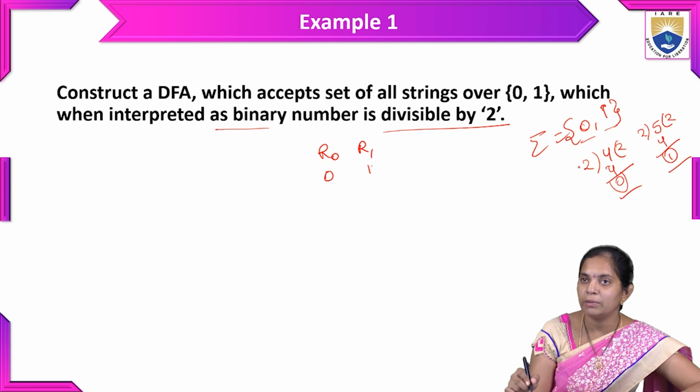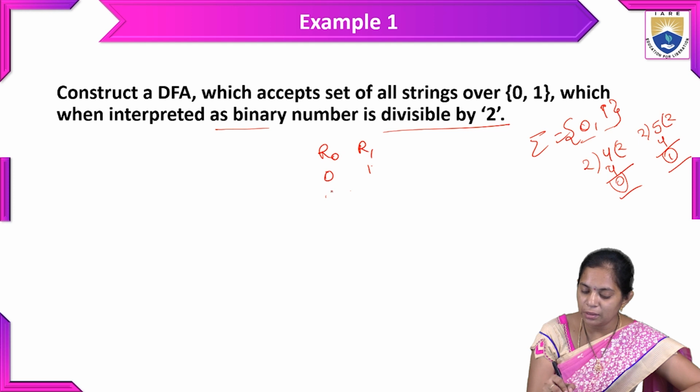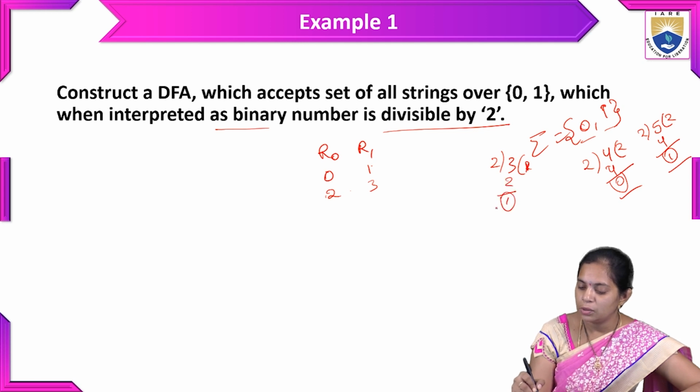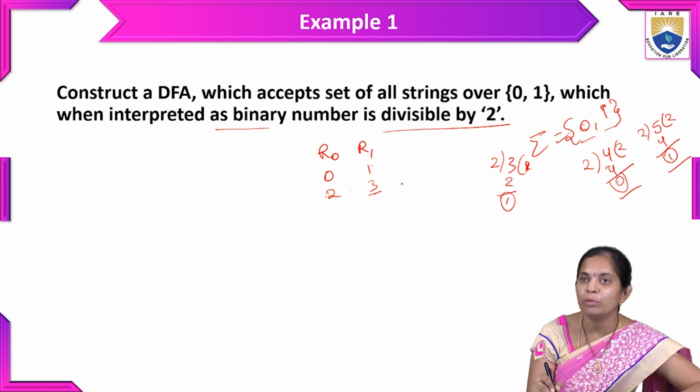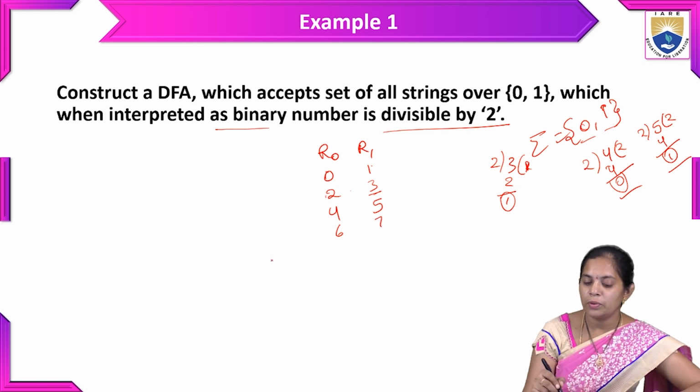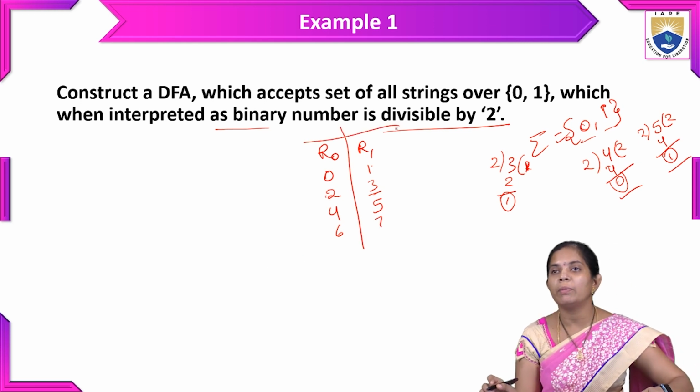If you divide 1 by 2, we get remainder 1. If you take 2, we get 0 as the remainder. And 3 divided by 2 has remainder 1. Like that we need to write all the numbers: 4, 5, 6 and 7. So we get the two remainders here.